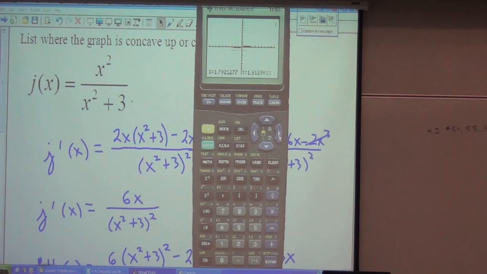We talked about this last time. So look, see how this graph's going down until we get to negative 1, which I'll do second calc minimum. Move the cursor to the left of that lowest point.